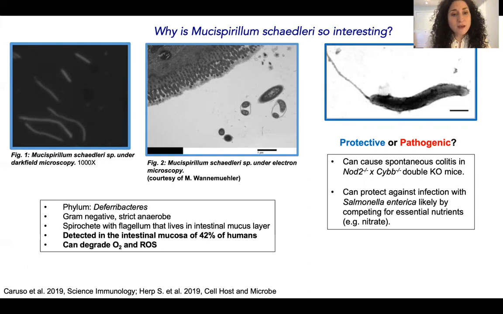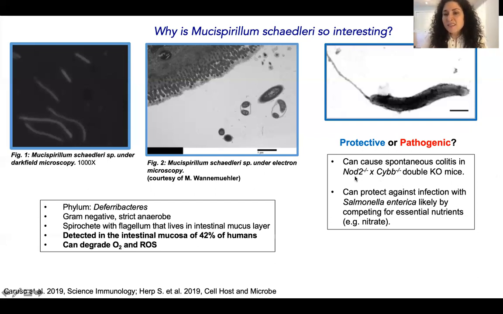And we find that in studies where the microbiome was evaluated at the level of the intestinal mucosa, so not expressed stool, this bacteria is actually present in 42% of those humans. Another point that's interesting is that Mucispirillum schaedleri can degrade oxygen and reactive oxygen species. In the context of other studies, what we found was also quite interesting.